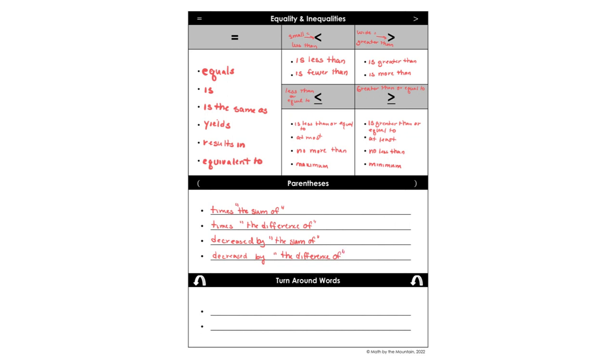And again, your turnaround words are less than and subtracted from, and we'll give you some examples of that.